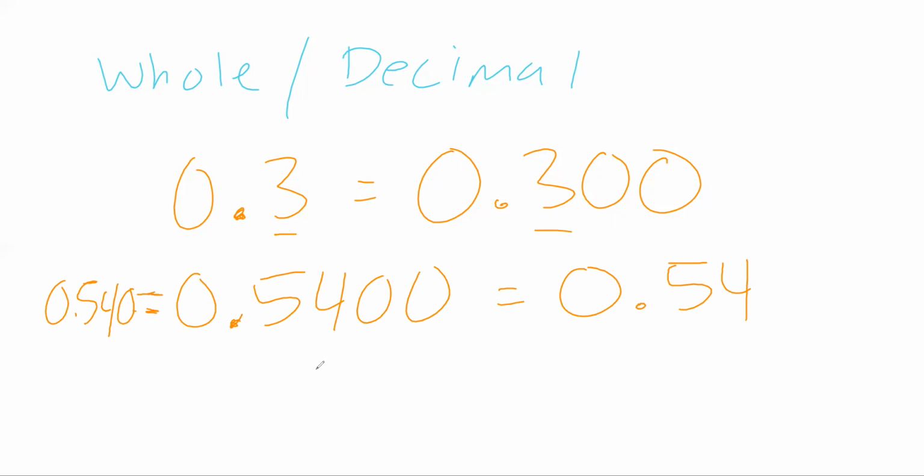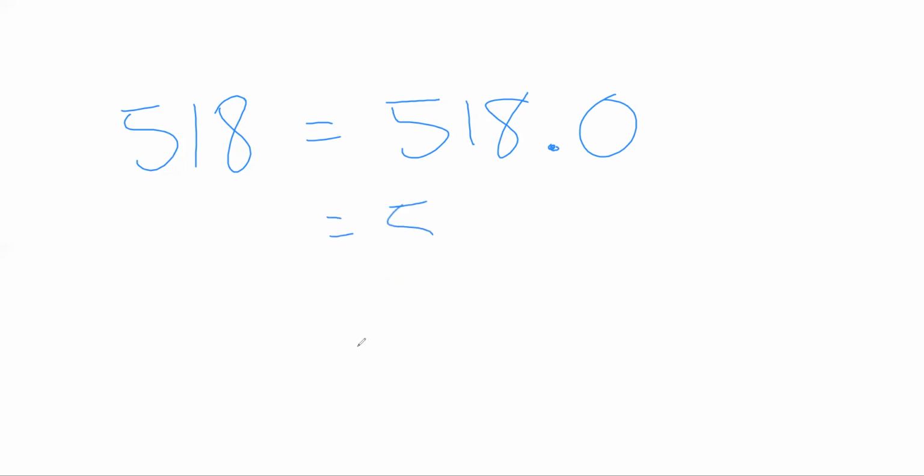And again, if it was a whole number, let's do 518. An equivalent decimal would be 518 and 0 tenths. I did not change my value. I just put a 0 into the decimal as a placeholder. I could also write it with more zeros. That doesn't matter.